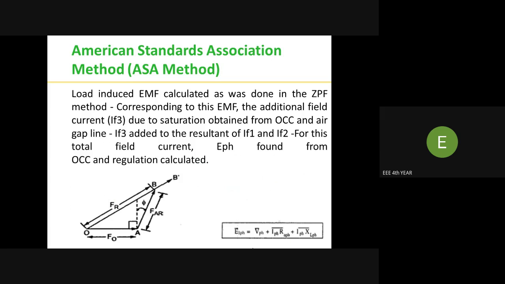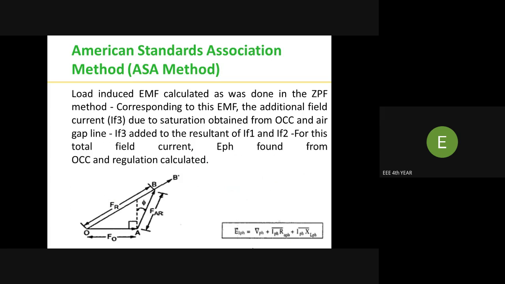From the phasor diagram, the load induced EMF is calculated as was done in the zero power factor method. Corresponding to this EMF, the additional field current IF3 due to saturation is obtained from the OCC and the air gap line. IF3 is added to the resultant of IF1 and IF2. For this total field current, we can get the no load induced EMF.